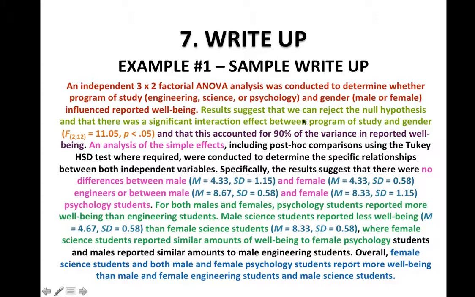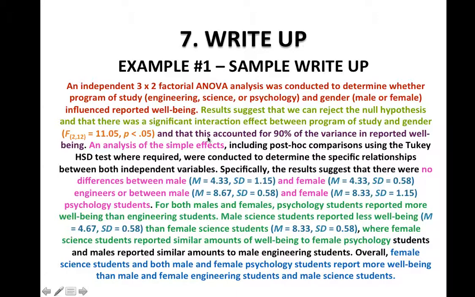Results suggest that we can reject the null hypothesis and that there was a significant interaction between program of study and gender. Here is the F ratio for the interaction. We have 2 and 12 degrees of freedom, and this value of 11 was bigger than the critical value for a probability of 0.05, so it was significant.